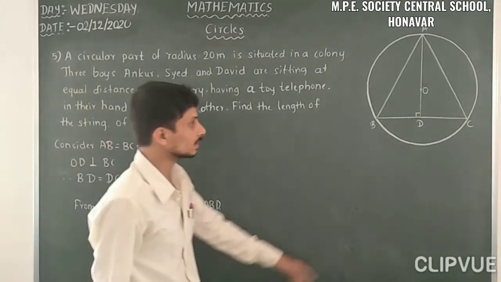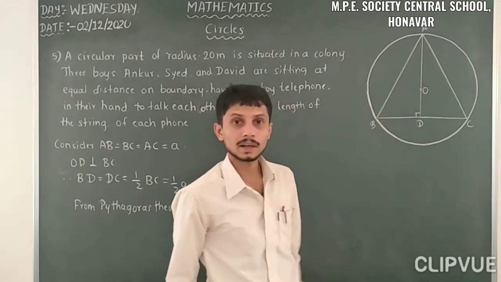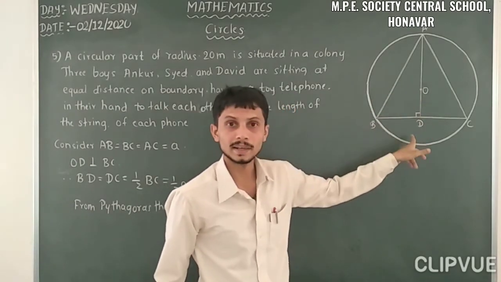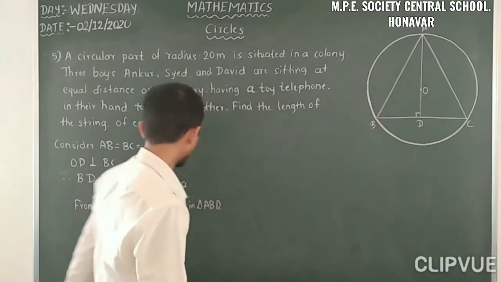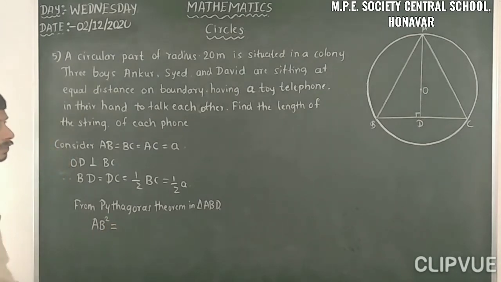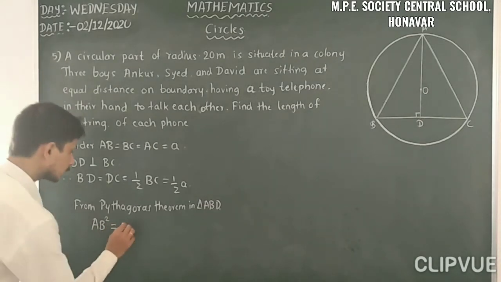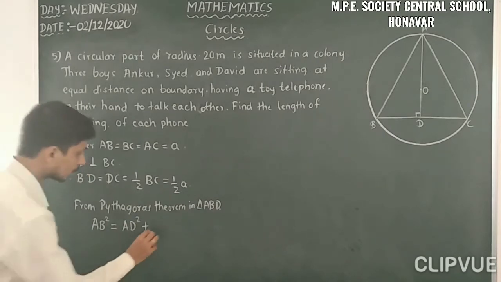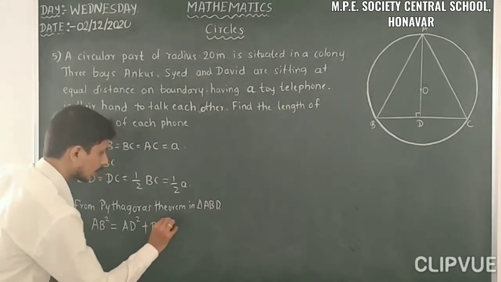Which one is the hypotenuse here? The hypotenuse is opposite to the right angle, that is AB. So AB square is equal to AD square plus BD square.